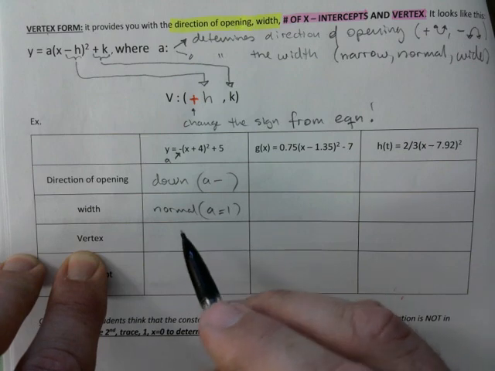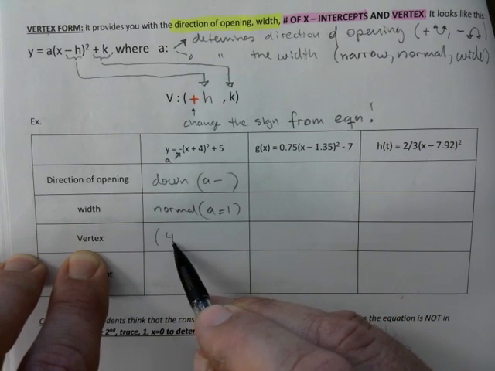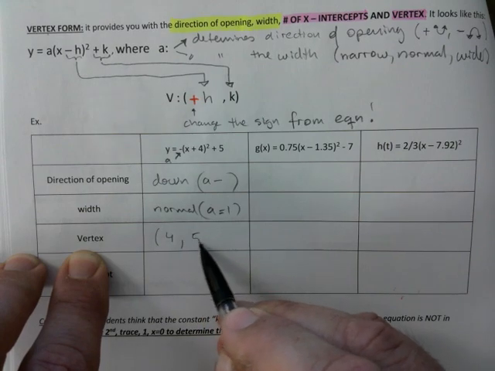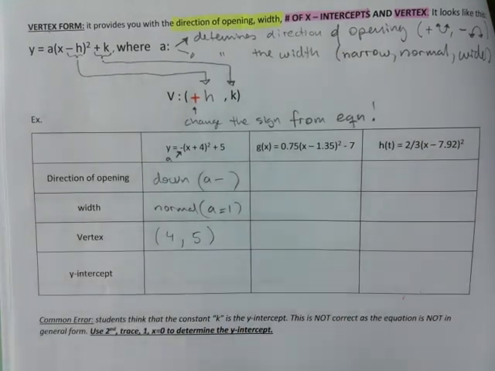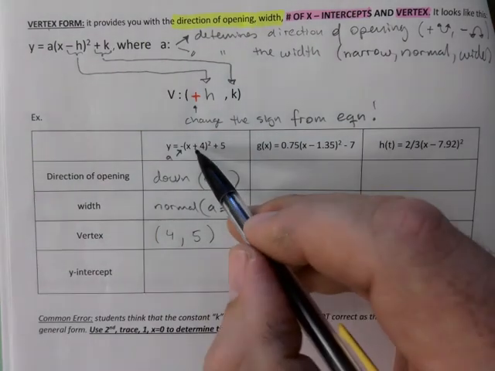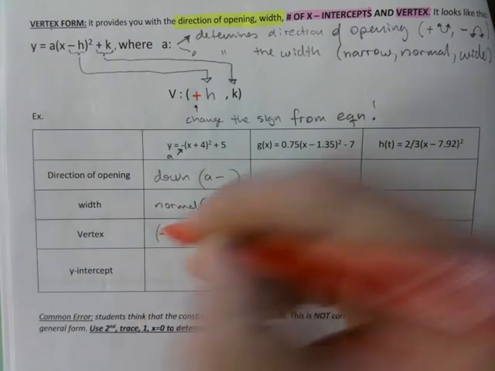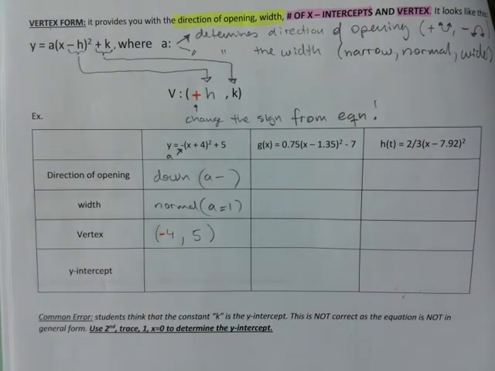The vertex, for 5, because I remember in my cheat sheet, I somehow take H and I take K and boom, it's there. It's positive here, so we need to change it to negative. Yeah. And you can verify this using your calculator. If you want to find the vertex using your calculator, those are the coordinates you're going to get.